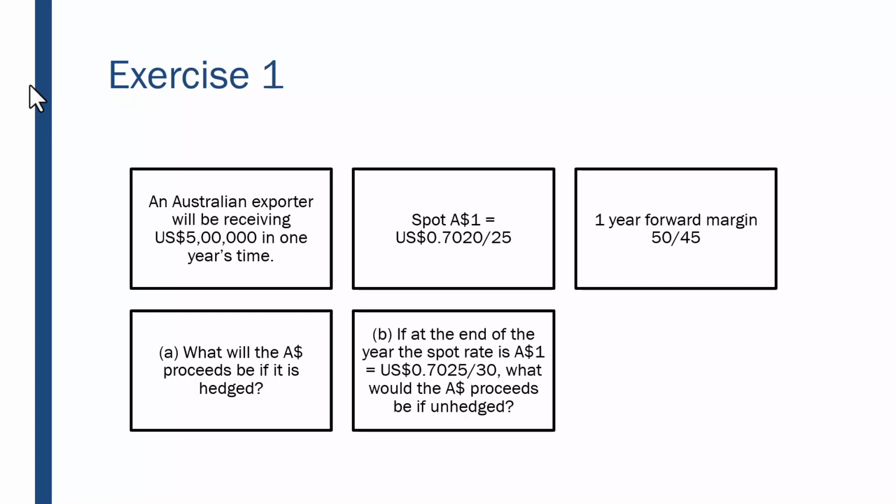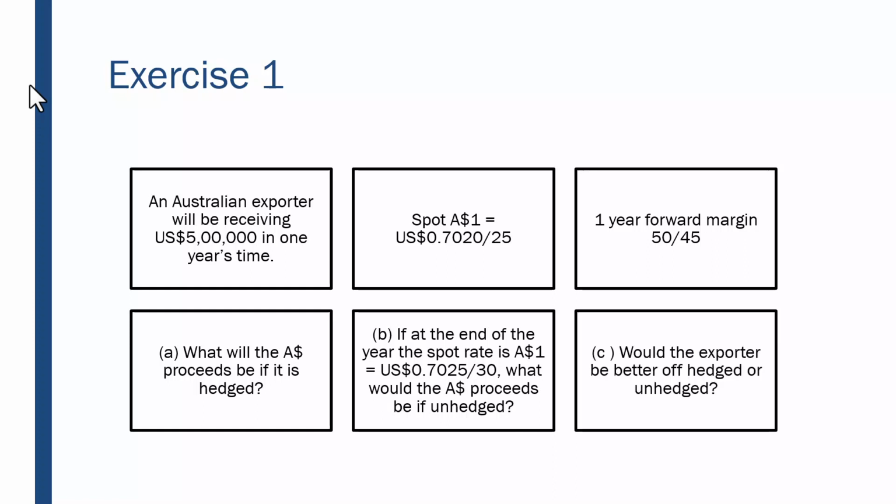Second, if at the end of the year the spot rate is this, what would be the Australian dollar proceeds if unhedged? Suppose I don't look at that rate, I just wait for the 1 year to go by, then I'll be getting my money at this rate, isn't it? So you need to calculate how many Australian dollars he's going to get. And then finally the question would be, would the exporter be better off hedged or unhedged? Okay, fine. Is that okay? So let's just do it.